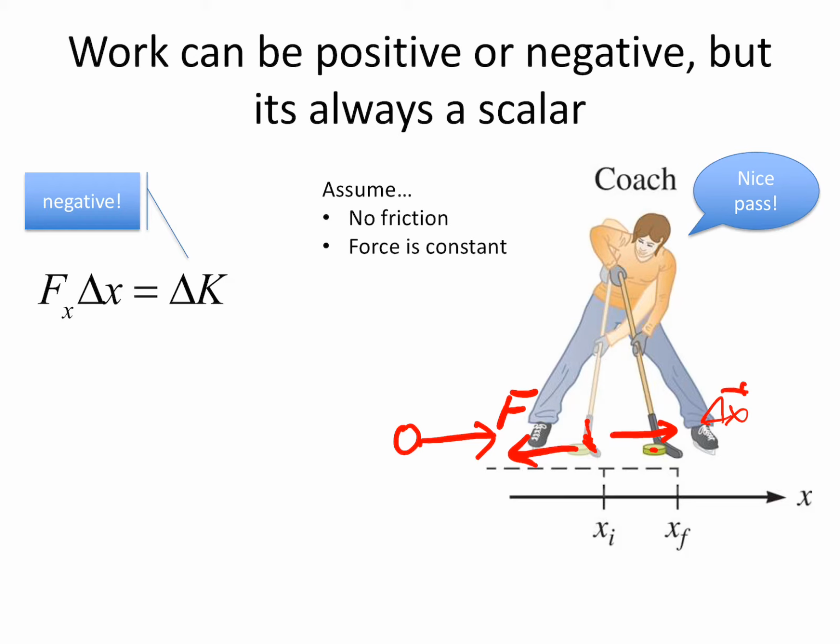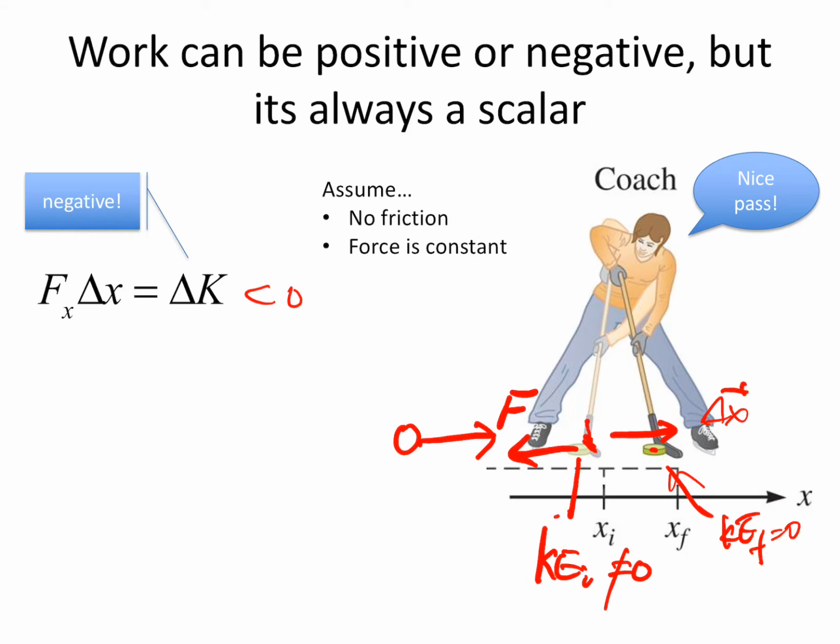The initial kinetic energy is not zero, but the final kinetic energy is zero. So if you have KE_f subtract KE_i, KE_i is not zero, KE_f is zero, so you will have that delta KE is smaller than zero.